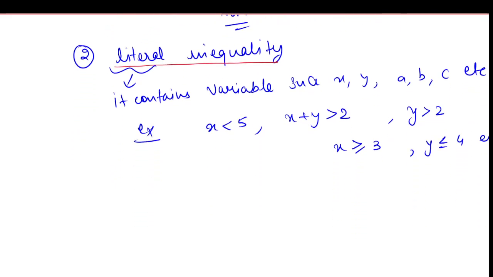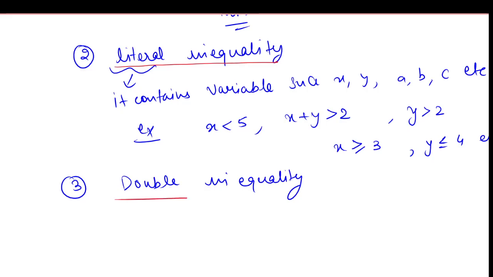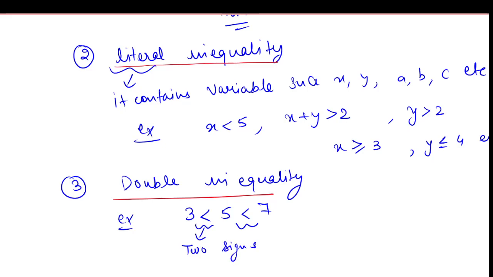Now we have the third type of inequality, which is double inequality. For example, 3 is less than 5, less than 7. So it contains two signs of inequality.